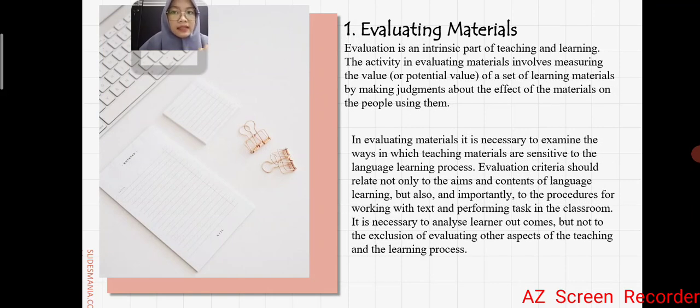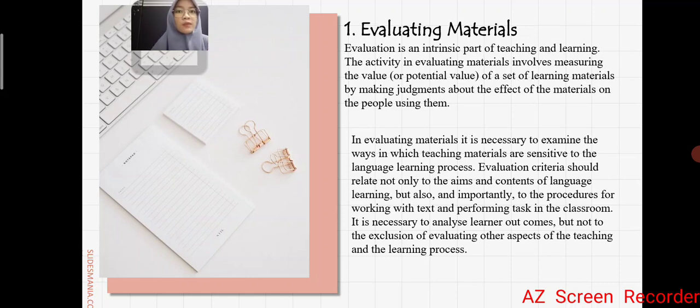Evaluating materials. Evaluating is an intrinsic part of teaching and learning. The activity in evaluating materials involves measuring the value of a set of learning materials by making judgments about the effect of the materials on the people using them.